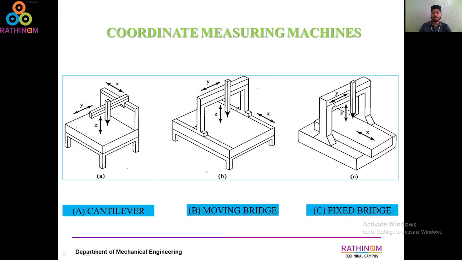Here also y direction is available, x direction is available, z direction is available. In the moving bridge the bridge moves in x direction, but in the fixed bridge system the table moves in x direction, and the probe moves in the same way as in the moving bridge system, moving up and down like this, and the y direction is also the same as in the moving bridge system.